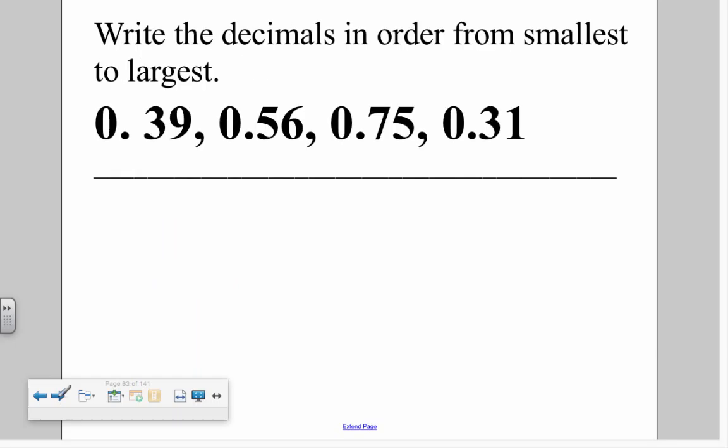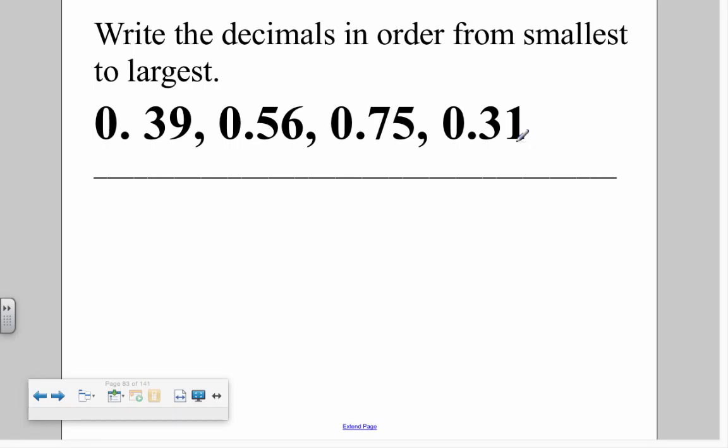Write the decimals in order from smallest to largest. What I need to look at is first I need to make sure they all have the same number ending in the same decimal place, which they do. They're all in the hundredths place.